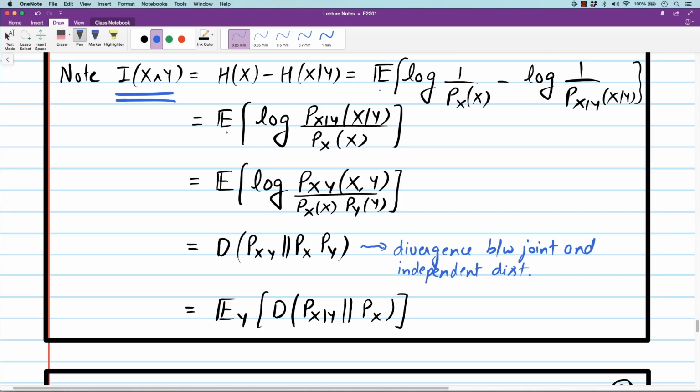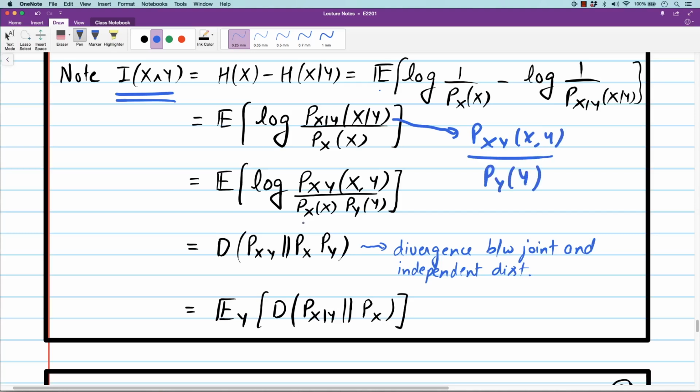Now what is this expression? It's the expected value of log of p(x given y) by p(x), just because log a minus log b is log a by b. But I can write this conditional distribution as p(x,y) by p(y).